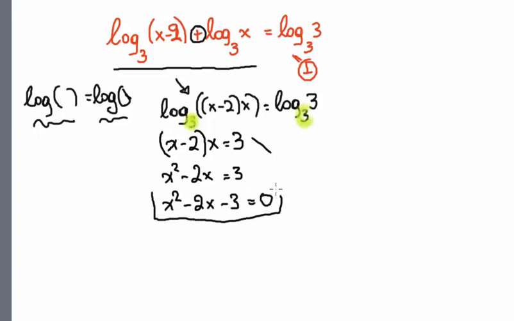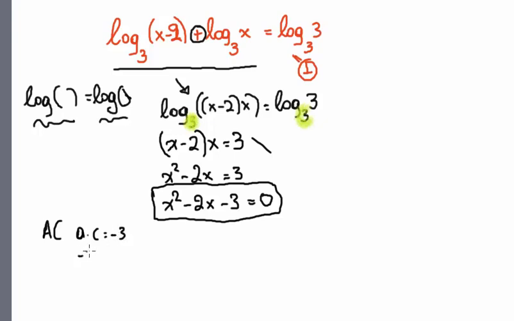Right here, what I get is a quadratic equation. So what I need to solve is a quadratic equation. The way to solve this is any way that you already know. You can either use the quadratic formula or the AC method. If I use the AC method, let me just review it for you. A times C, in our case, is going to be negative 3.